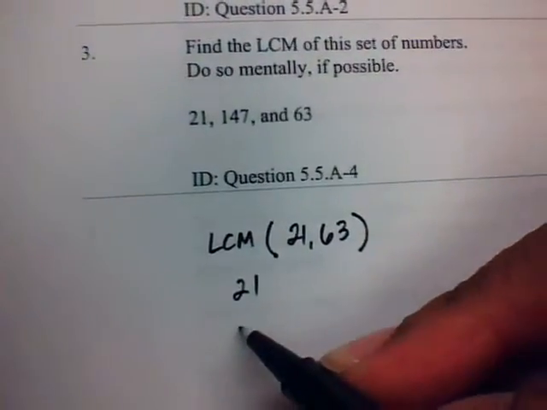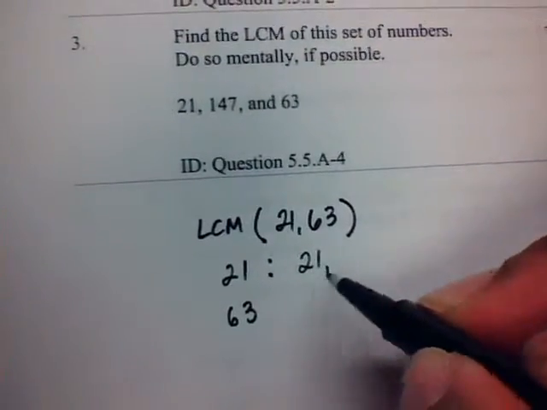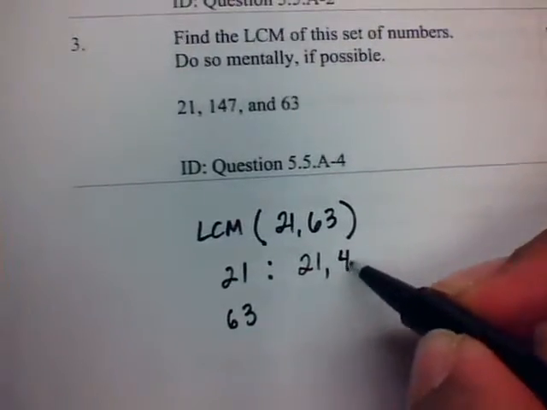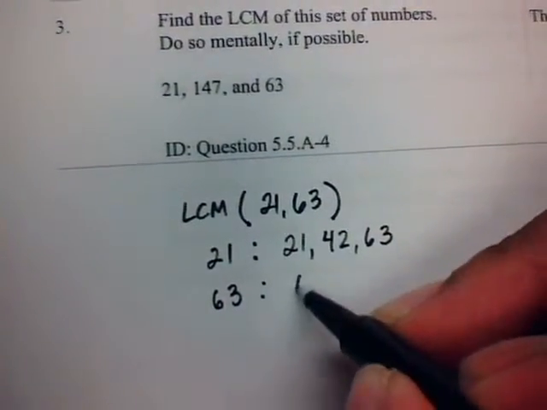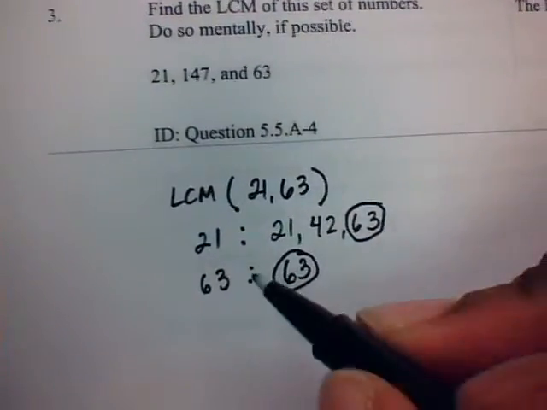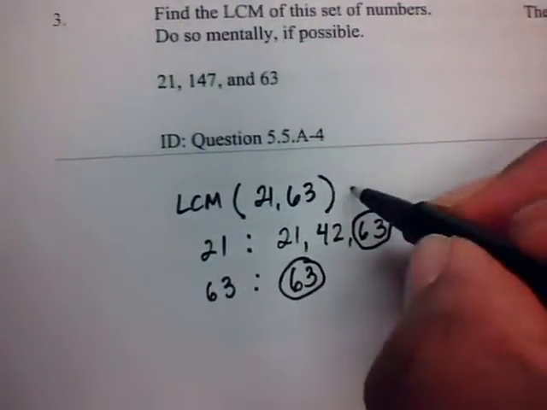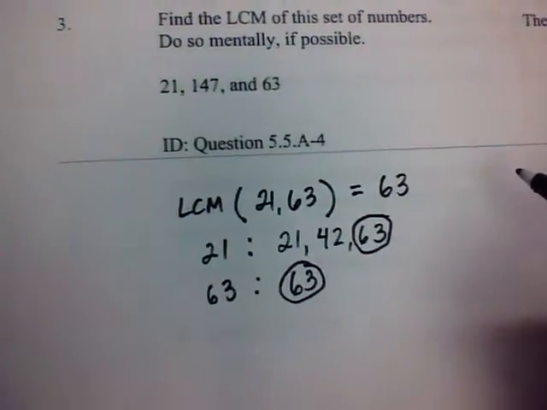Because I know this. For 21, the multiples of 21 would be 21, 42, and 63. And if I stop at 63, I see that 63 is the lowest multiple for 21 and 63. So the LCM of 21 and 63 would be 63.